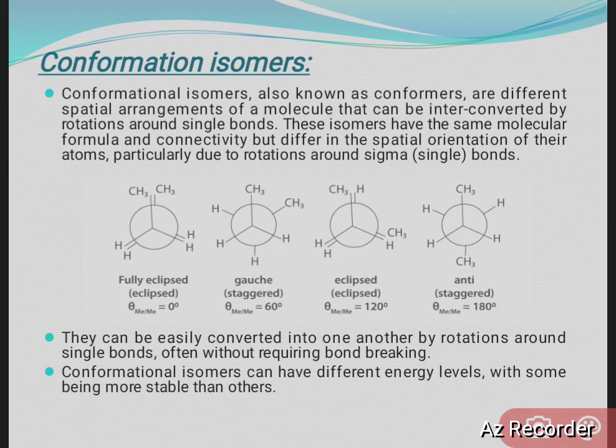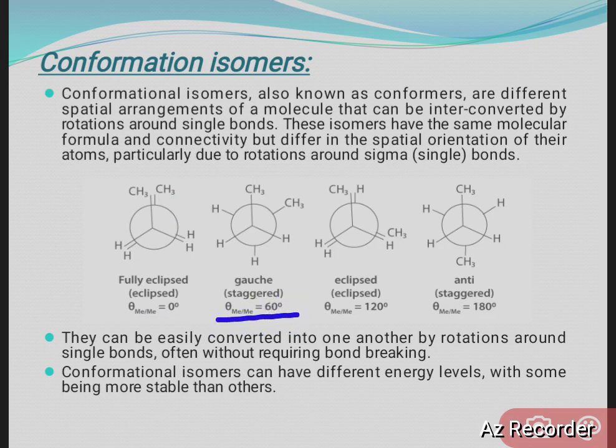One is the fully eclipsed one, meaning one group is present exactly behind the other group. Those have a dihedral angle of 0 degrees. If we rotate this backside molecule by 60 degrees, we get another structure.